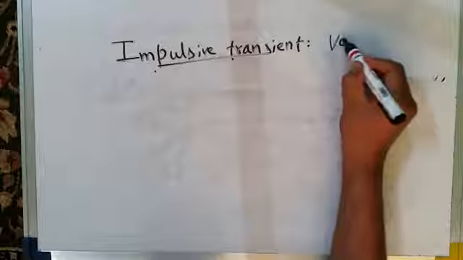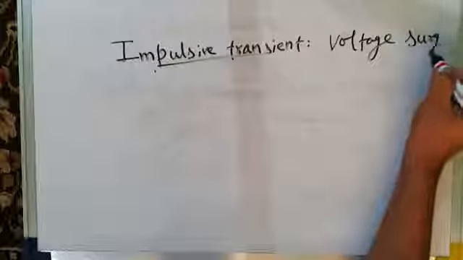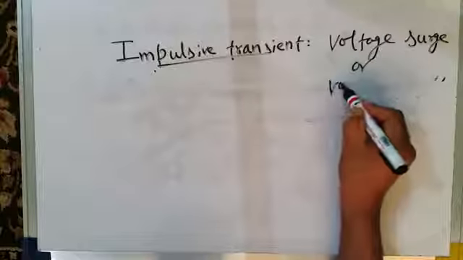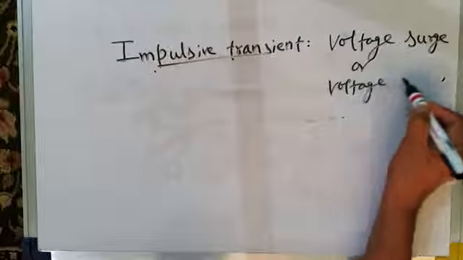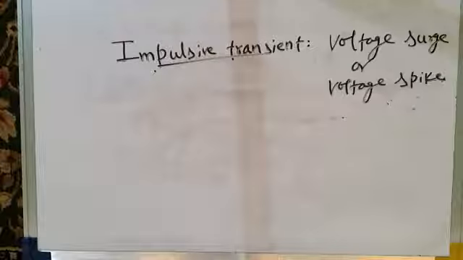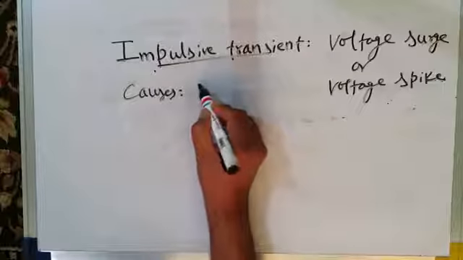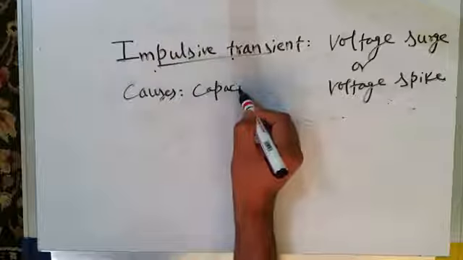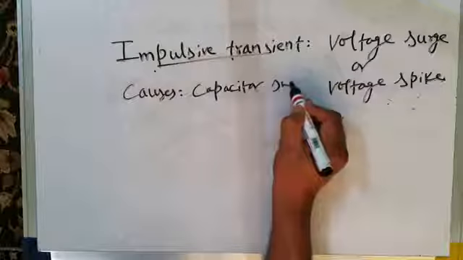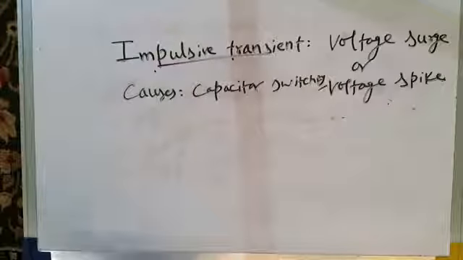Now, an impulsive transient is also called voltage surge or voltage spike. These are the other names given to impulsive transient in literature. And what are the causes of these impulsive transients? Causes are capacitor switching. Suddenly you may switch a capacitor bank or a capacitor, that may result in an impulsive transient.